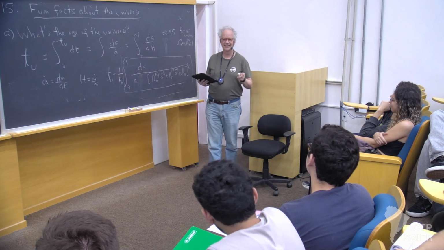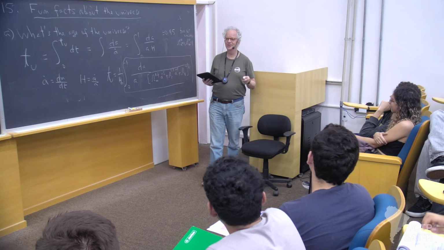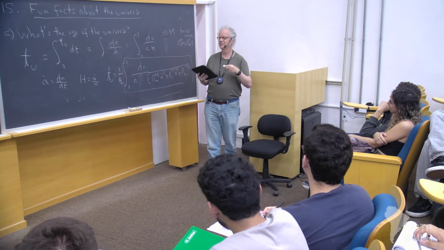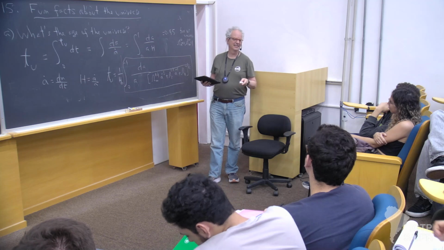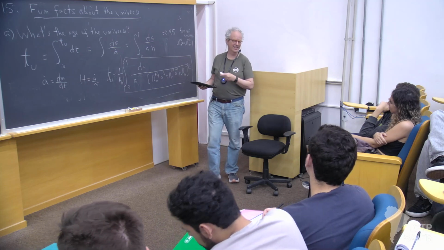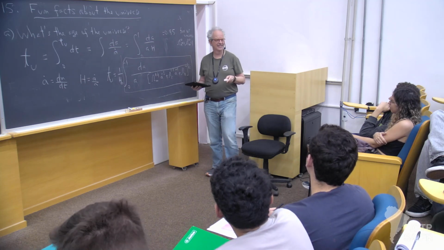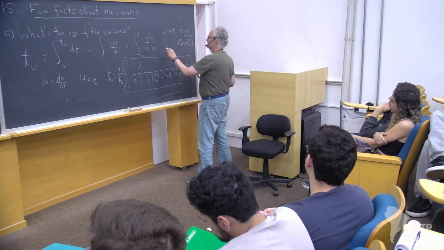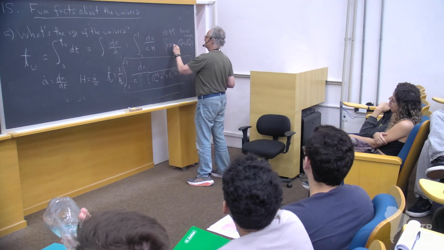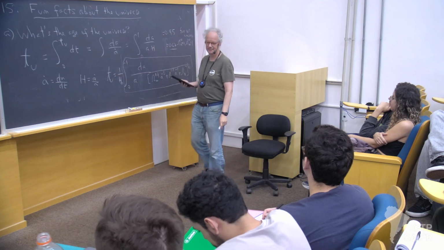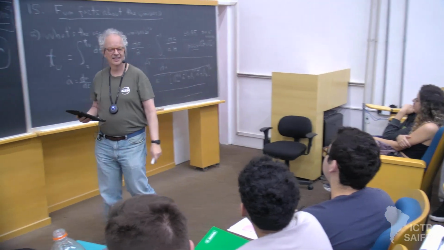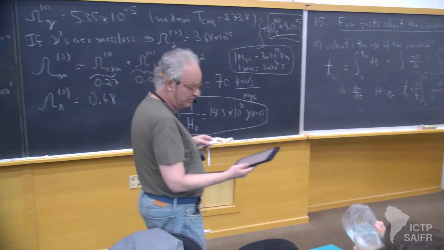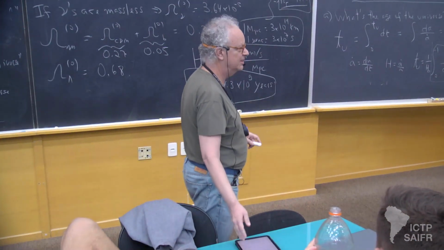Einstein and de Sitter got together in 1932 and wrote a 2-page paper where they proposed a model with no curvature and no cosmological constant. So you can do the integral, and I did, and you get 0.67. So it's smaller. And with 0.67, the age of the universe would be around 9.5 billion years.